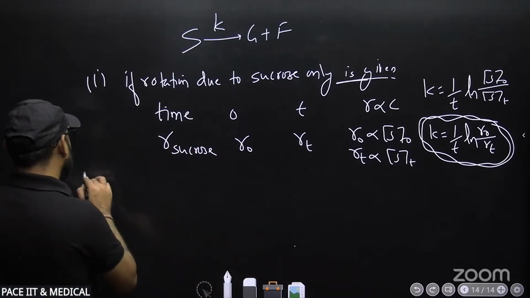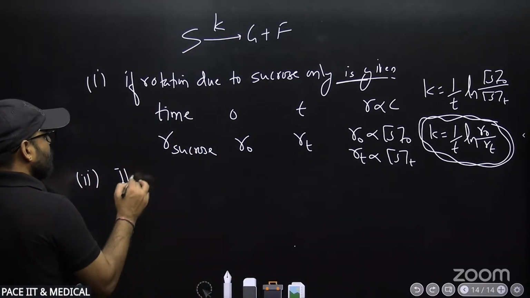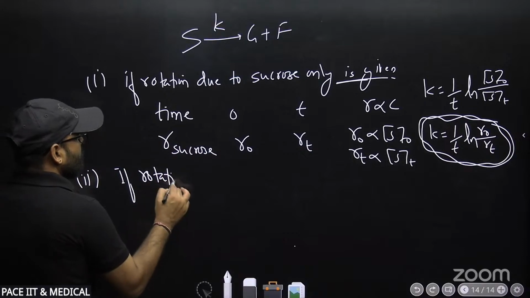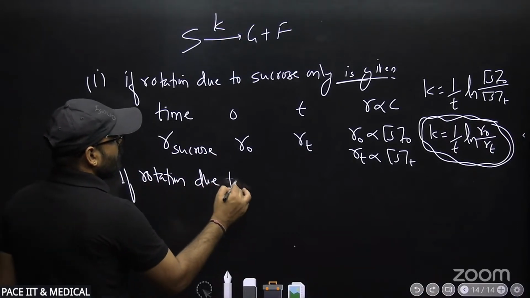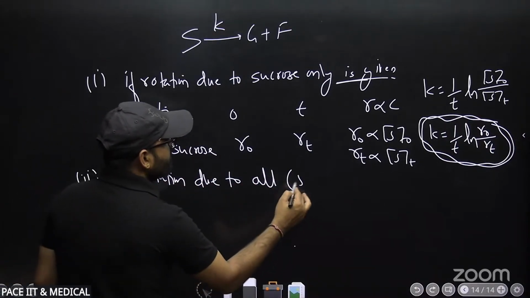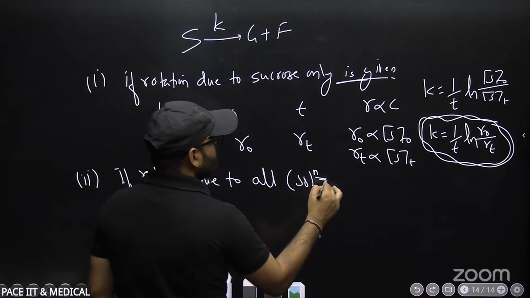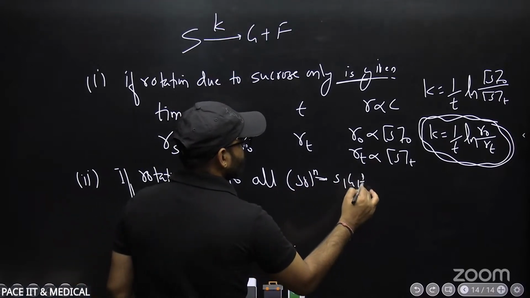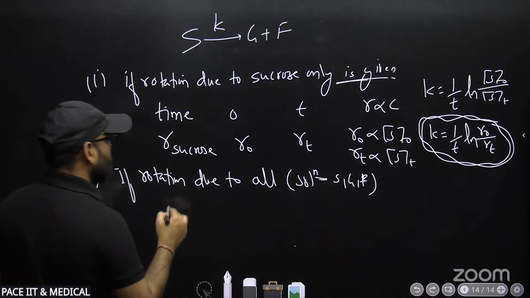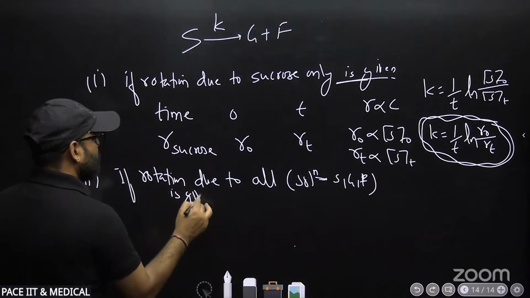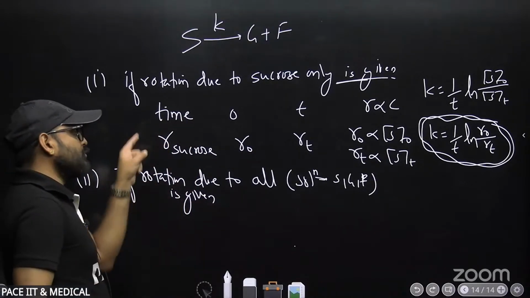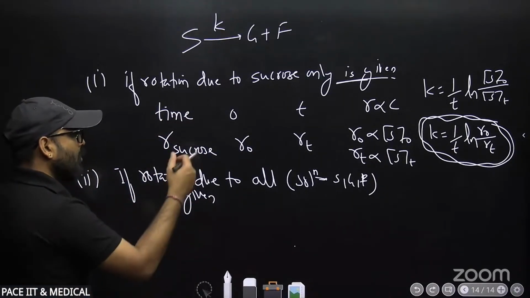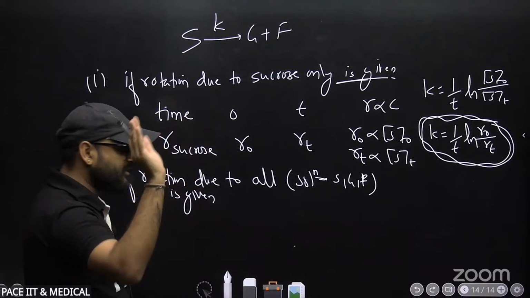And second, if rotation due to all, meaning the solution of sucrose, glucose and fructose, is given. Here it was due to sucrose only, here it is due to all, meaning the solution.